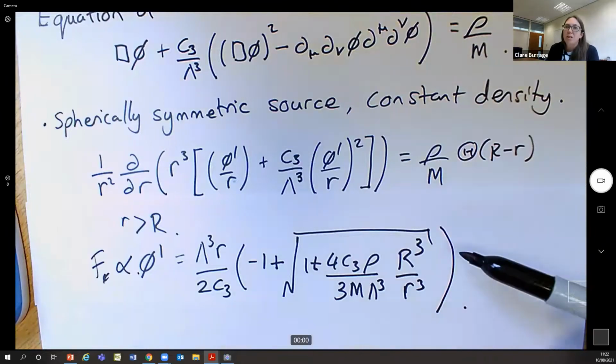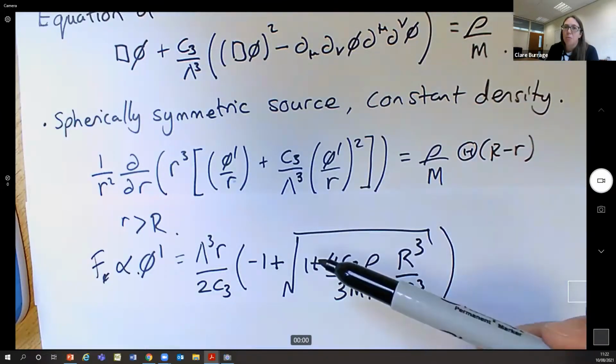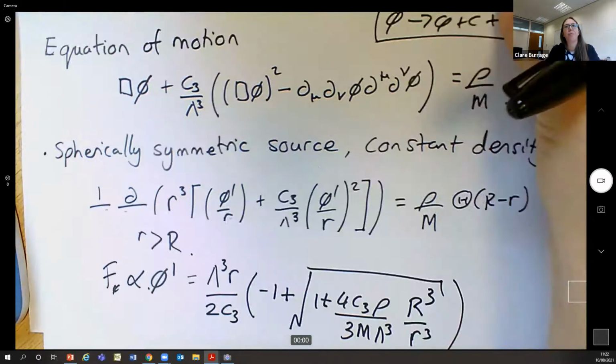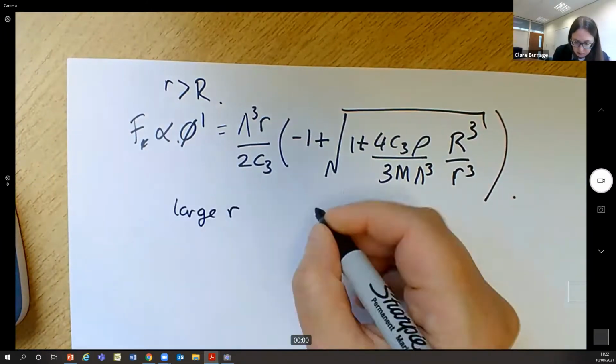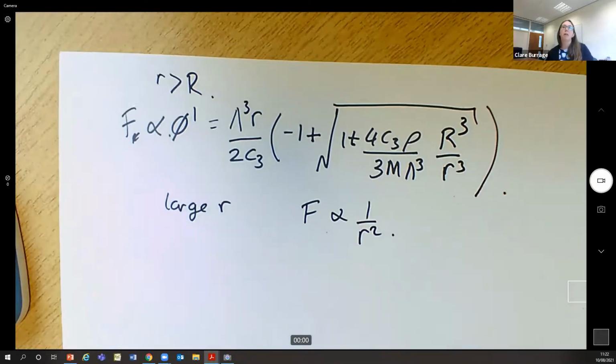So at very large distances, where this term becomes smaller than 1, we do recover the standard behavior. At large r, we find that F goes like 1/r², as we would expect.